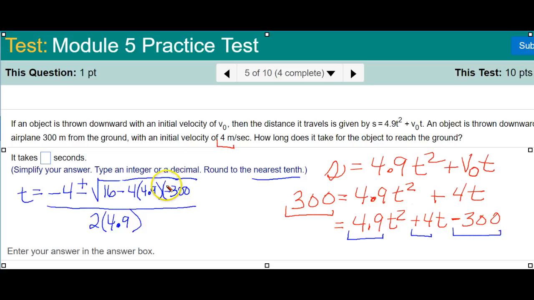So I've done some substitution here, and a little hint would be we don't need the negative value. So we only have to find its positive value.